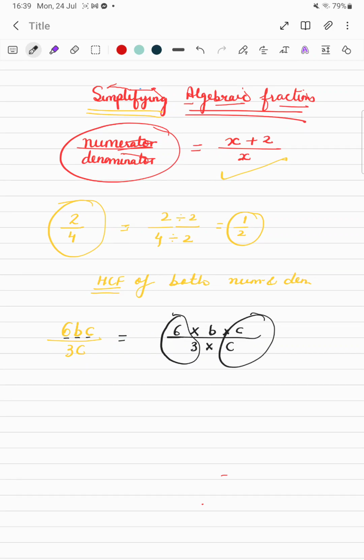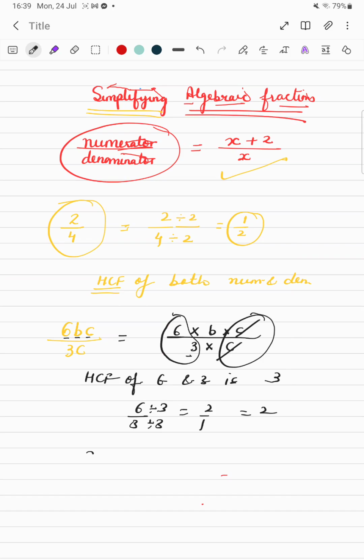I can see 6 and 3, and the HCF of 6 and 3 is 3. So I will divide both 6 and 3 by 3, giving 2 over 1, which we can write just as 2. And c here and c here are both c to the power of 1, so they will be cancelled out.